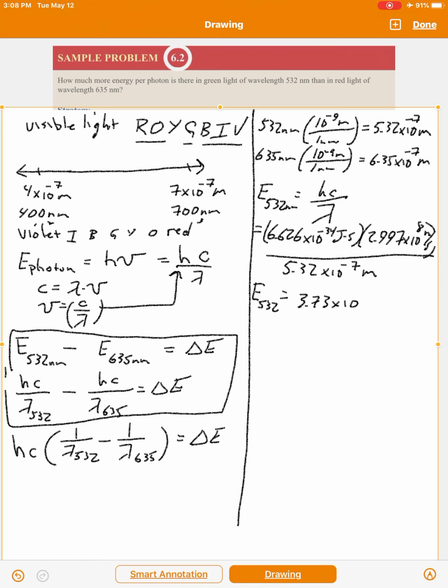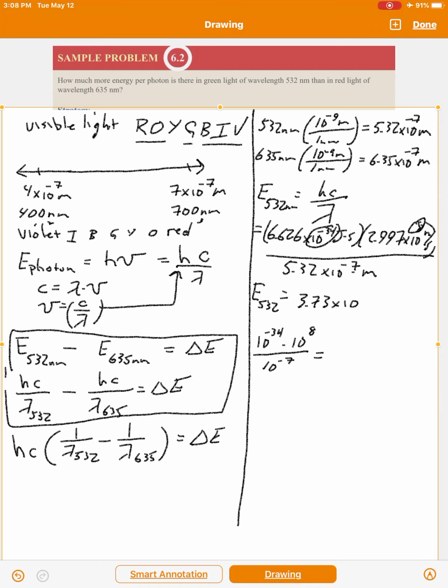Now I'm going to do the powers of 10. We have 10 to the minus 34, and then we have 10 to the 8th, and then we're going to divide that by 10 to the minus 7. When you multiply powers of 10, you add the exponents.